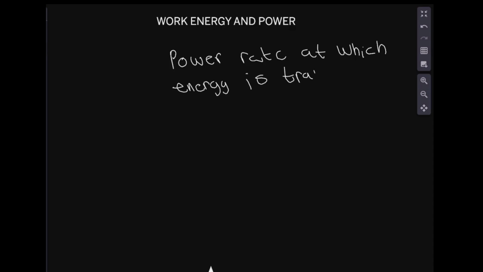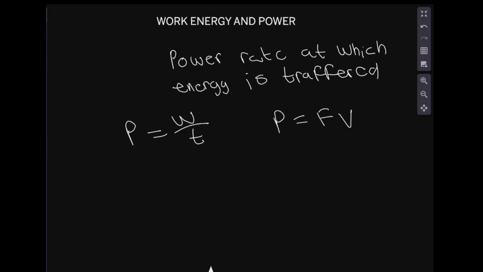There's not much really we can speak about when it comes to power, but what it means is the rate at which energy is transferred, which is why power is given by the formula of work over time, or power is given by force multiplied by velocity.